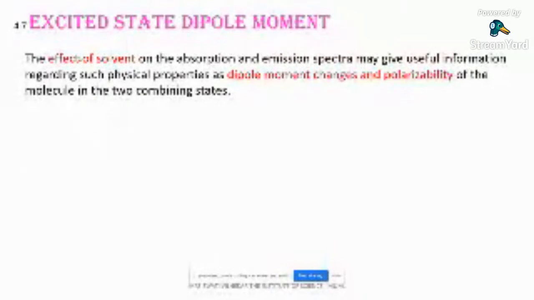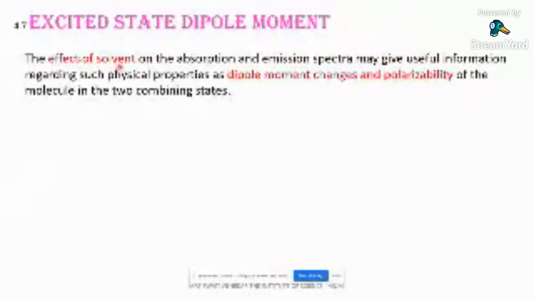Initially the fluorophore molecule remains aligned with the solvent molecule, and when it goes to the excited state it gets de-aligned, and while coming back to the lower vibrational energy state it gets realigned with the solvent entity, and then it comes to the ground state with the realignment position, and during this there occurs the change of green band towards the red band. All this is because of the effect of solvent.